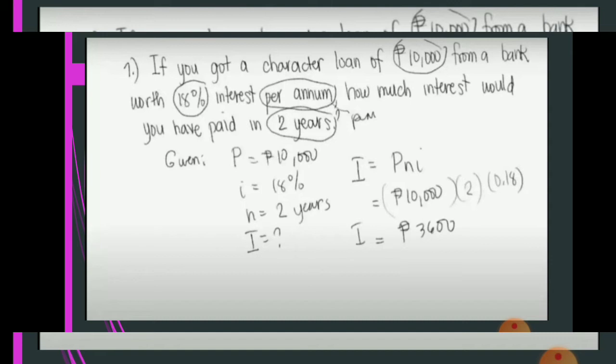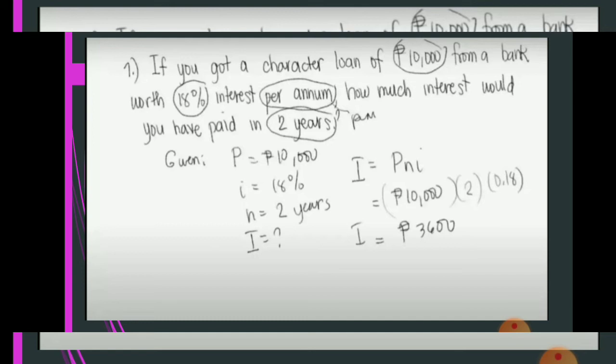At ang hinahanap natin is yung big letter I natin. So, gagamitin natin yung formula na big letter I is equals to P, n, i, yung small letter i. So, 10,000 times 2 times 0.18.